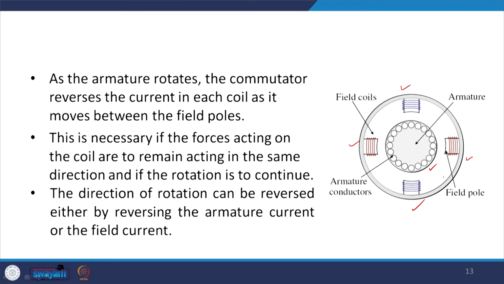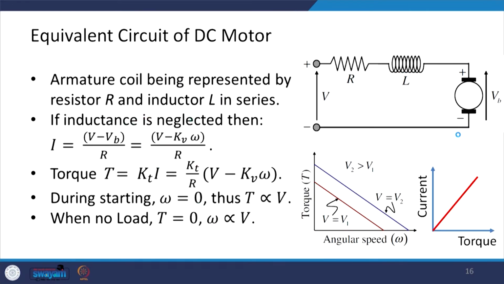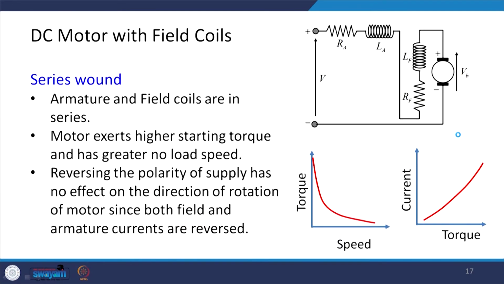Now, how these field coils are connected to the armature gives us different classifications, and different characteristics of the motor. Suppose I have the armature represented by its resistance and inductance, and your field coil, again represented by its resistance and inductance.